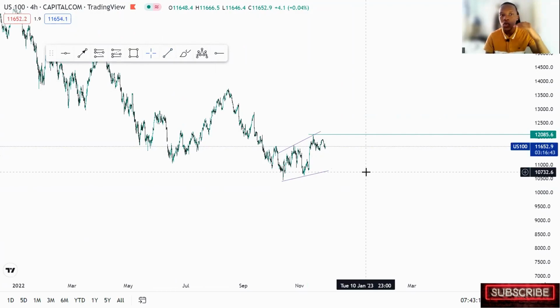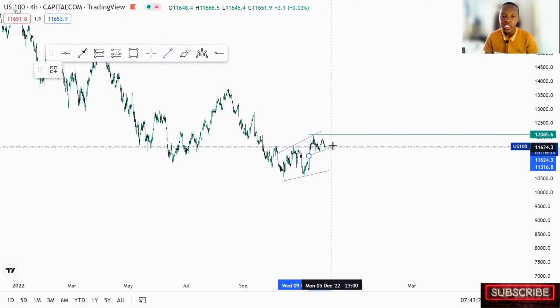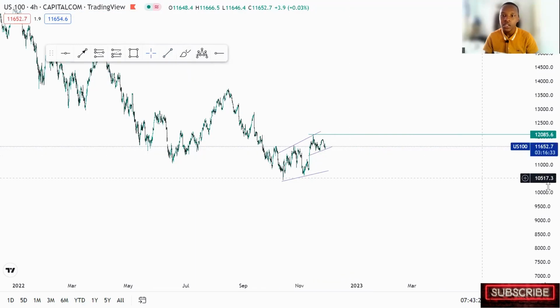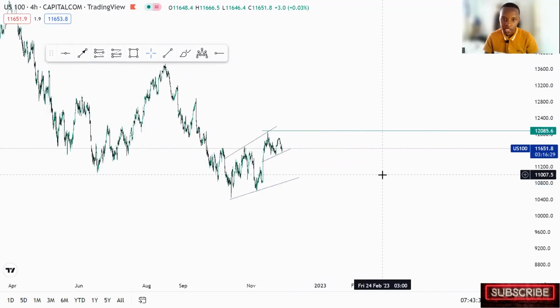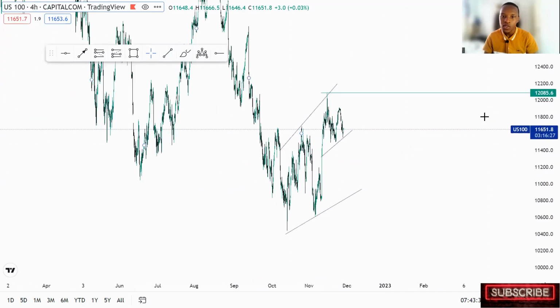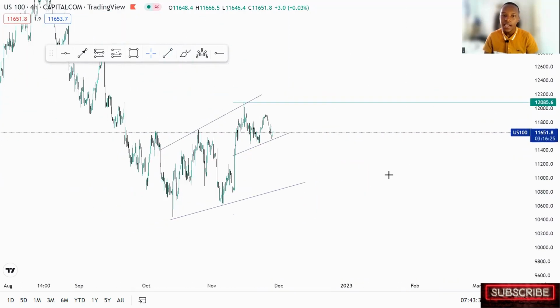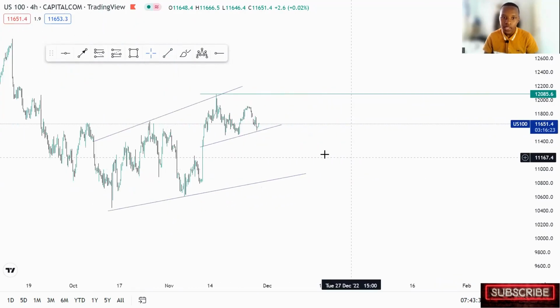So we will go to the 1-hour time frame because everything is going to be clear there, right? And then as you can also see, we have a correction inside a correction, right? So what we can do now, we're just going to zoom in so that you can see clearly what's going on in there.